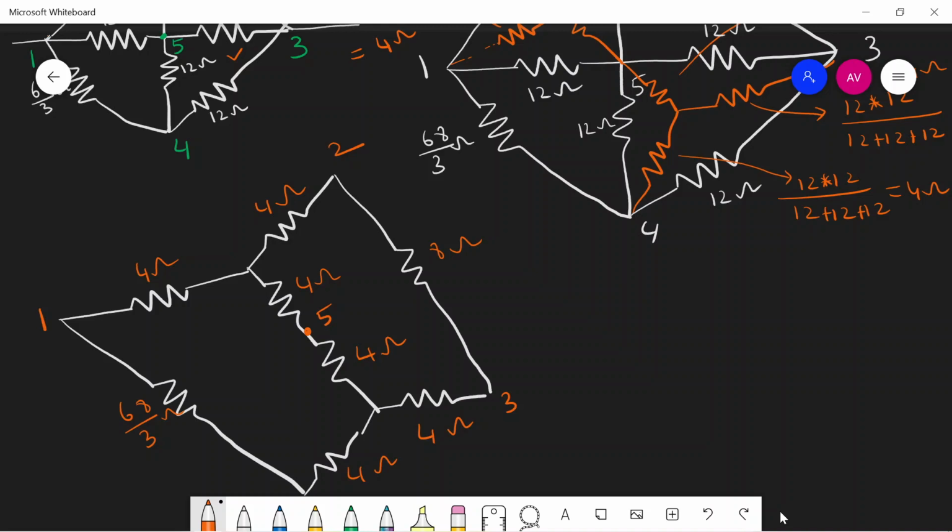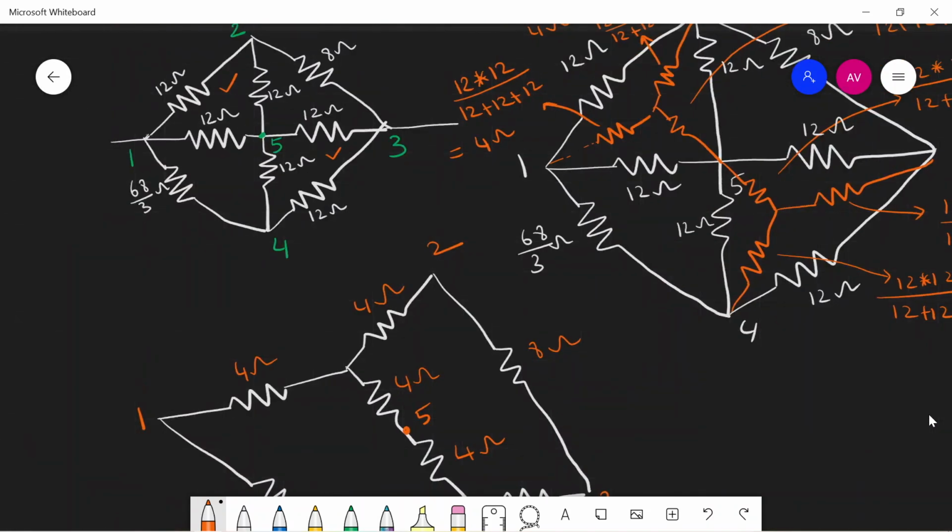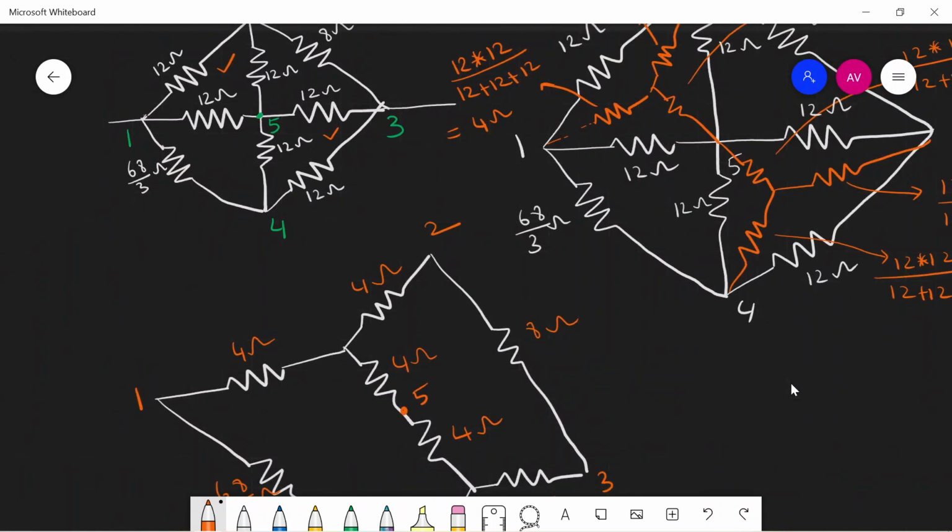Okay, so this 68 by 3 ohm resistor and 8 ohm resistor remain the same, all others are 4 ohms. From the starting figure you can see this 68 by 3 ohm is the same and 8 ohm is the same. All other networks have been converted to star networks.